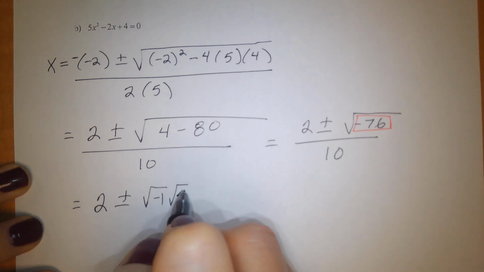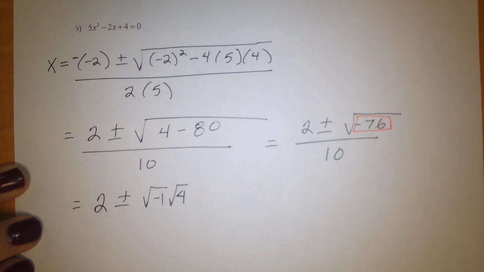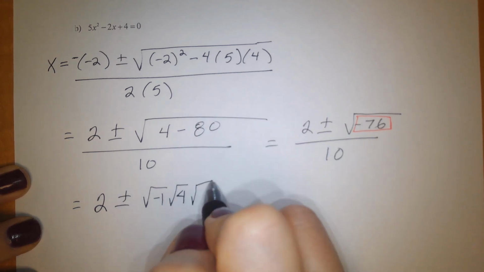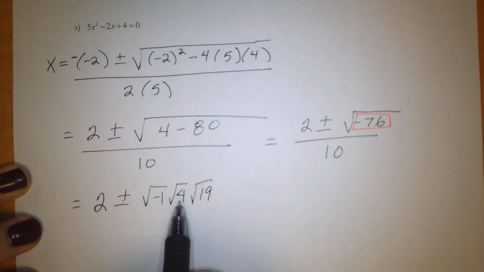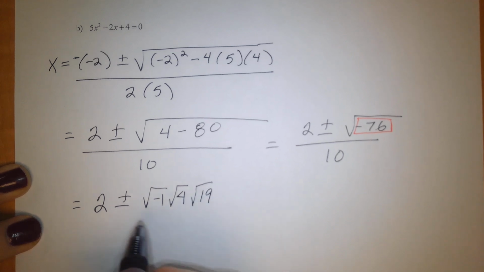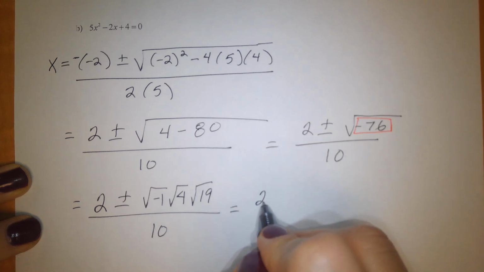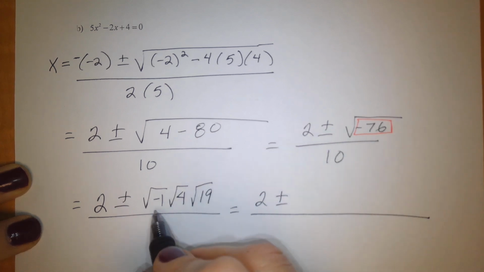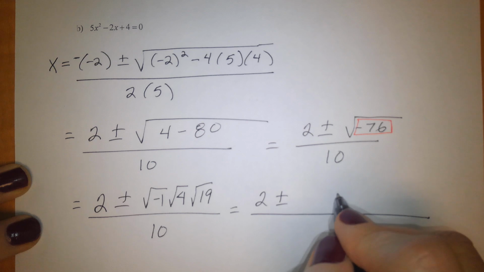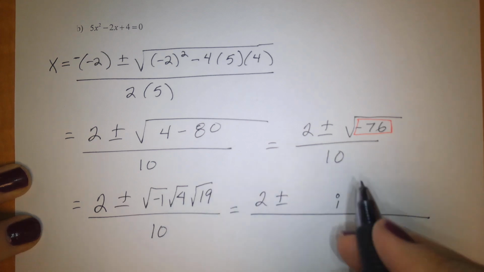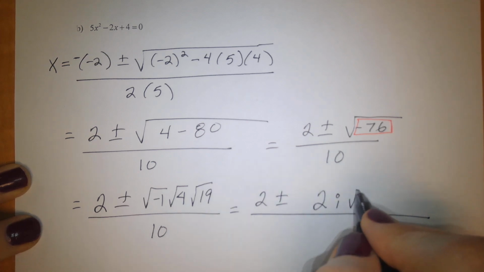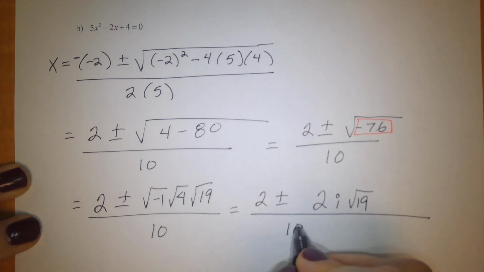I do know 4 divides into 76 19 times. So I pull the 4 out because I know it's a perfect square. The square root of negative 1 is i. The square root of 4 is 2. And then the square root of 19 is my remainder.